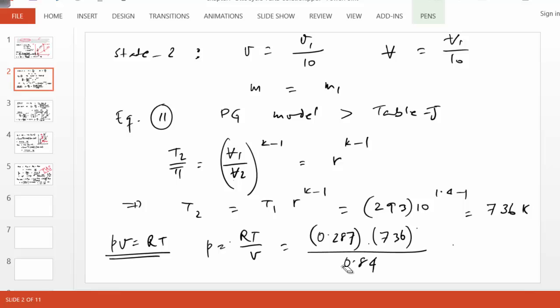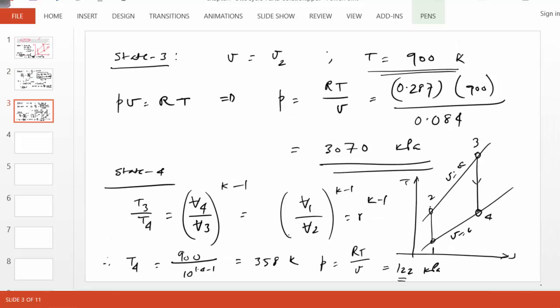Remember, oh sorry, it's 0.084 because it's v1 over 10, and therefore pressure becomes equal to a very huge number, 2515 kPa.